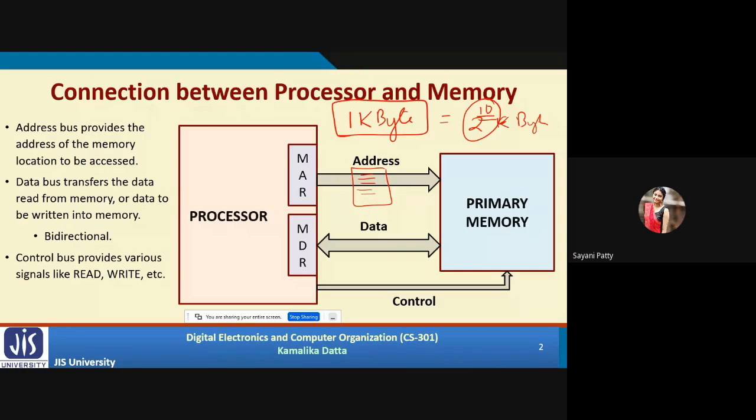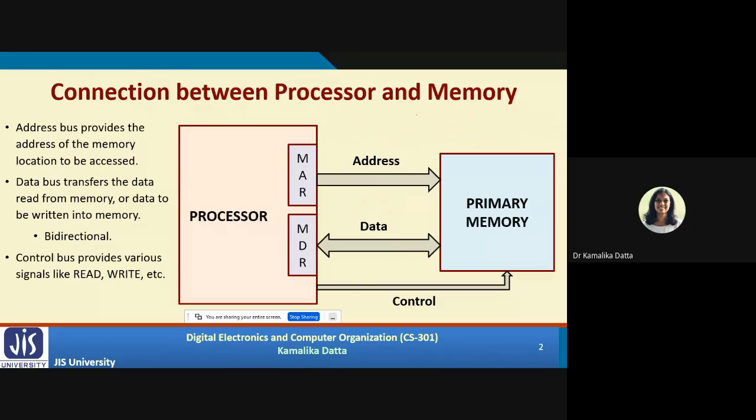The address bus will have 10 lines, and the address will be A0 to A9, A0, A1, and so on. That means there will be 10 bits. All of you agree to this? Yes, ma'am.